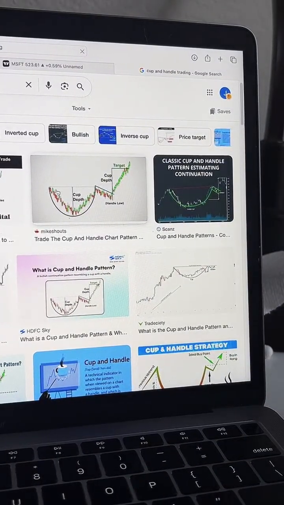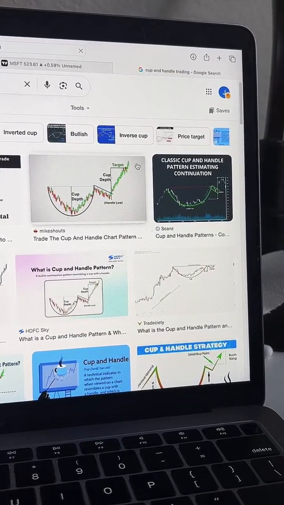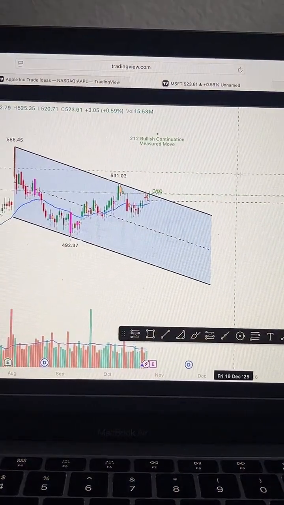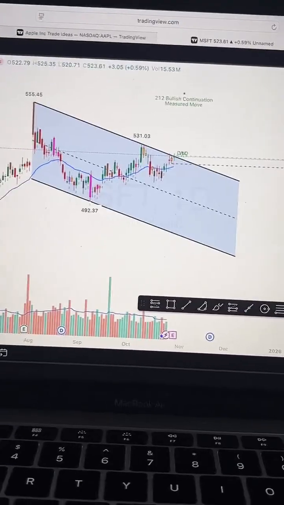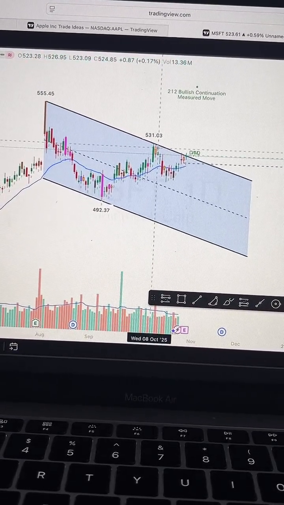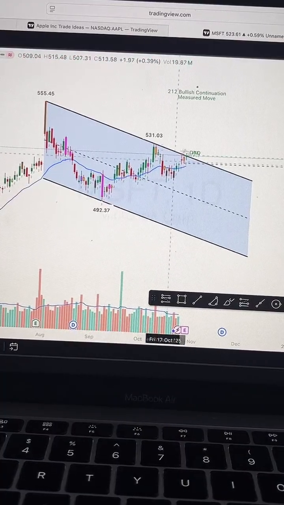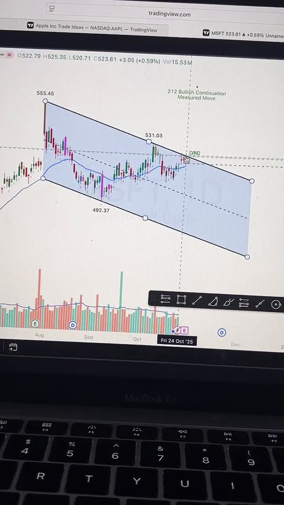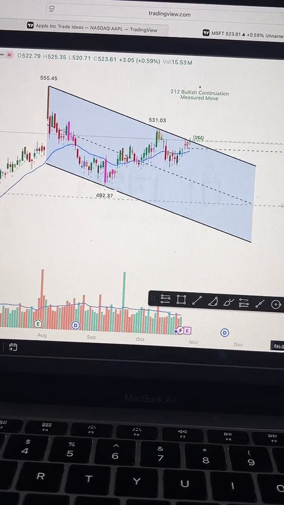So we have this part on Microsoft right now and maybe are anticipating that breakout. That's what I was looking at on the cup and handle for Microsoft. And again, that would be the structure, but we did make lower highs. We need a couple more days of data to see if we're going to actually break out of this channel or if we're going to reject and start making our way down.